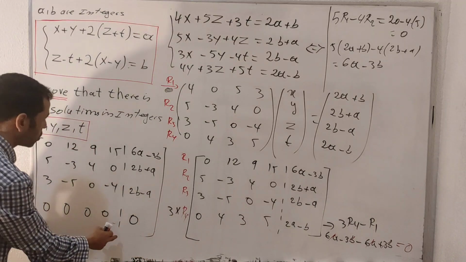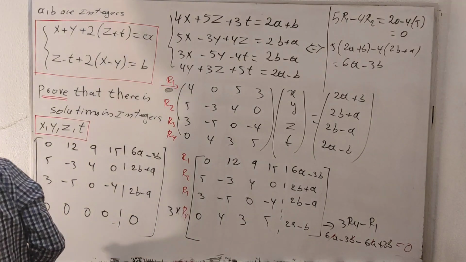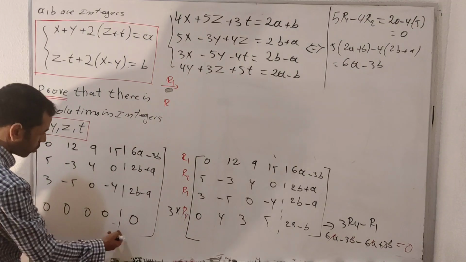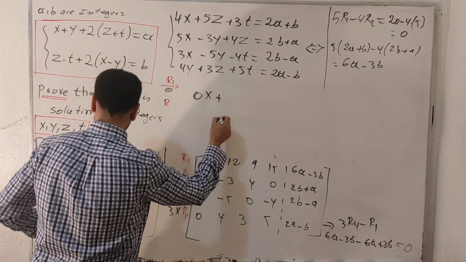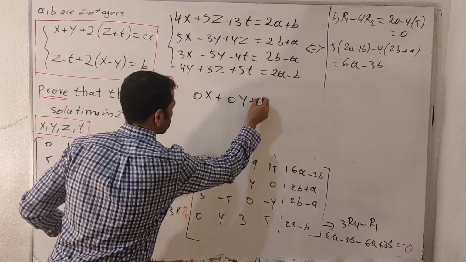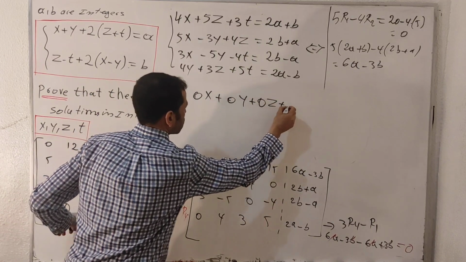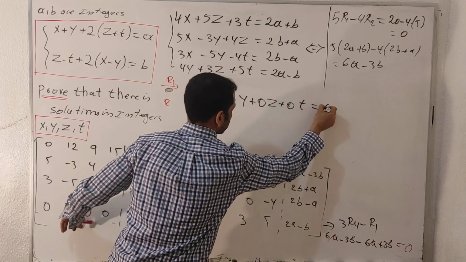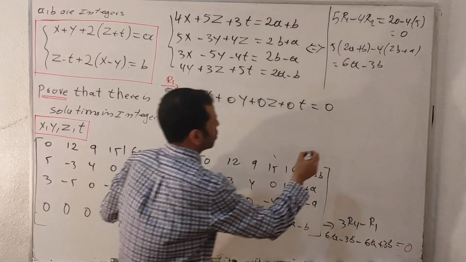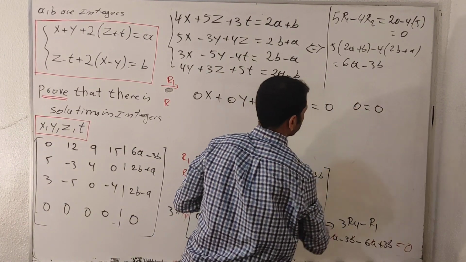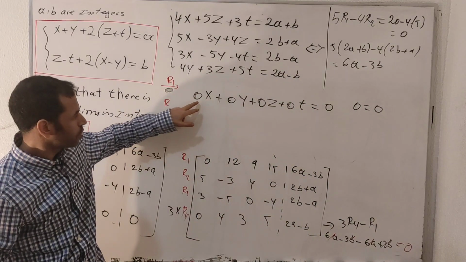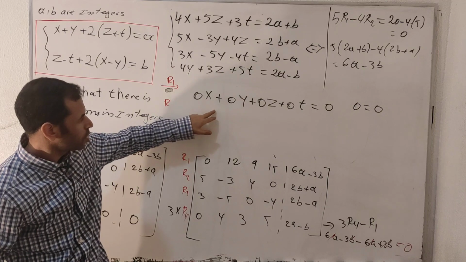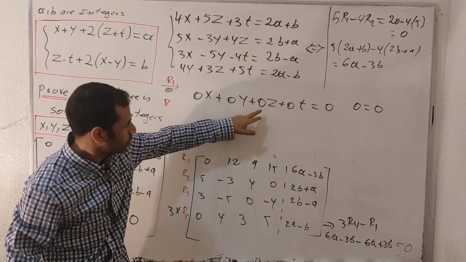Since we get 0 here, I'm going to summarize. The fourth row is telling us 0x plus 0y plus 0z plus 0t equals 0. What does this mean? 0 equals 0, which means we have infinite solutions: plug in any value of x, corresponding y, z, and t.